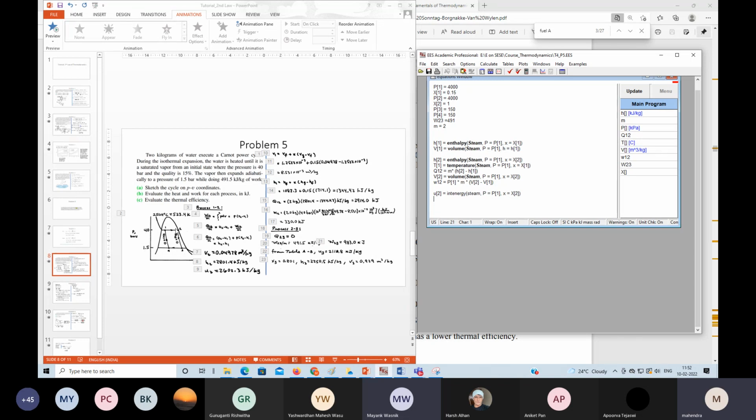W23. That way only we got our U3 over here. U2 we know and W we know. Since Q is 0, according to the first law equation, delta U equal to W. So that we are doing now.